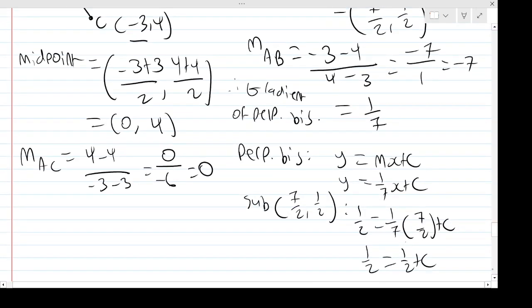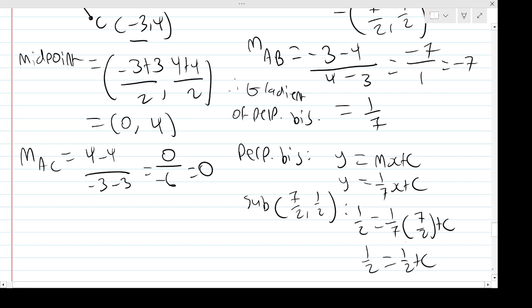Therefore, well, if the gradient is, we're not in the best position here because, well, actually, no, think about it. This actually tells you that the gradient is flat.